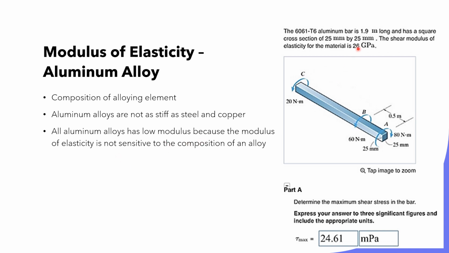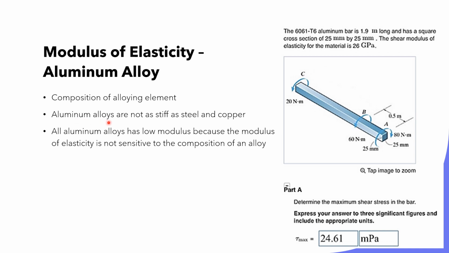And modulus of elasticity is definitely not sensitive to the composition of alloying elements. Every composition of alloying elements has a modulus of elasticity, because it's more about whether you can stretch it or not, for the industrial material.